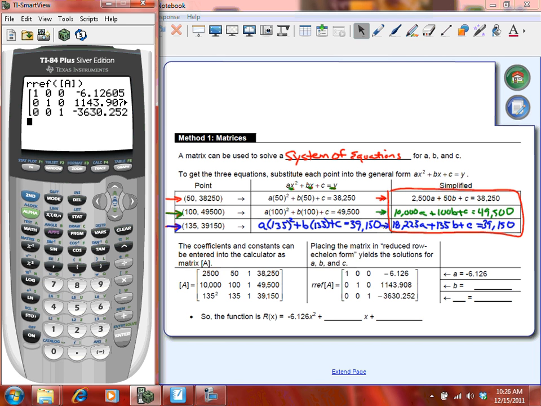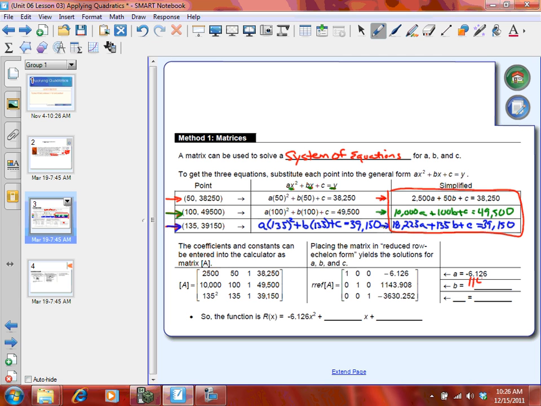So we're going to write those numbers down way over here. So right here, we got 1,143.908. That's our B. Our C was negative 3,630.252. So those 3 numbers that we just found represent our A, our B, and our C in that quadratic equation. So down at the very bottom here, now we can write the quadratic.